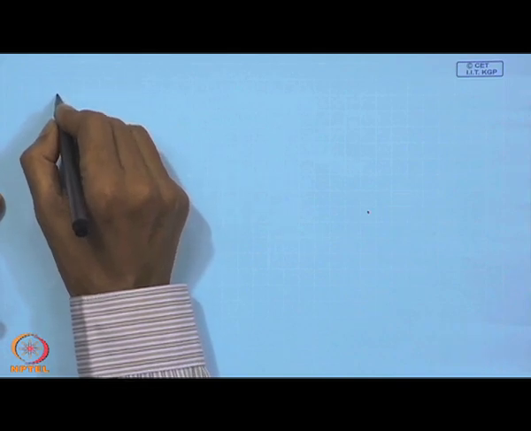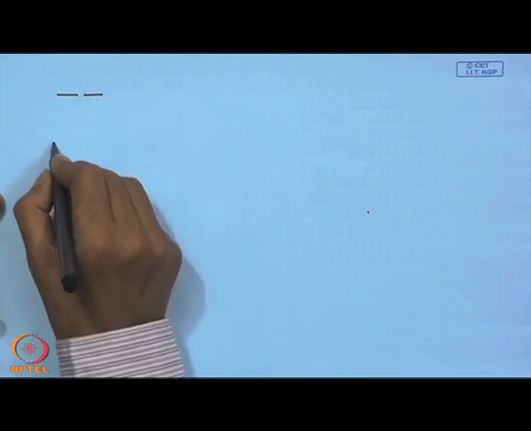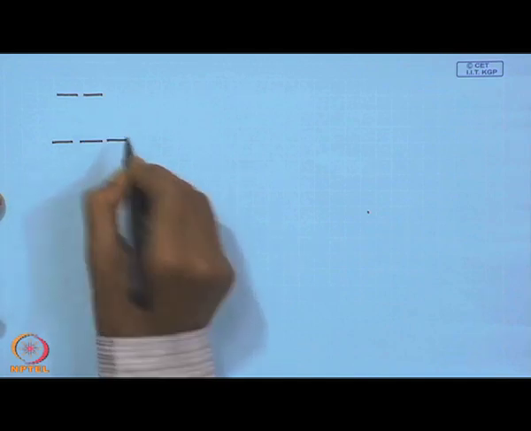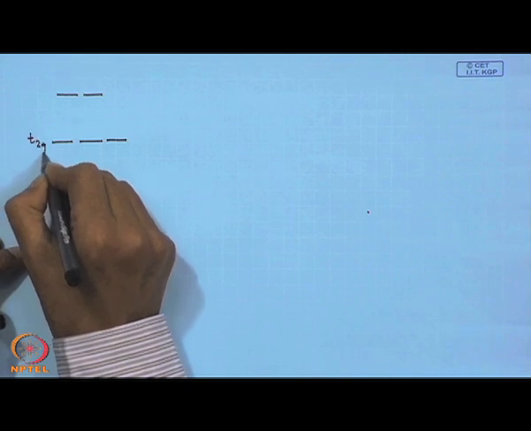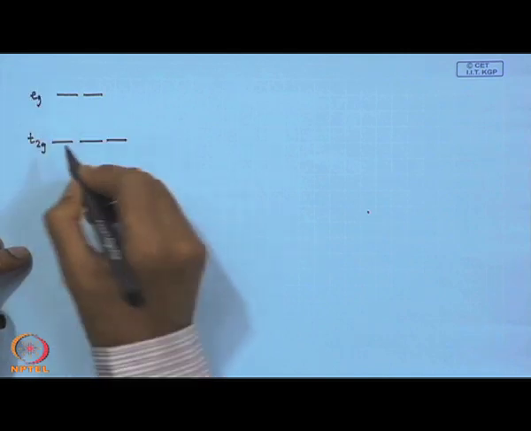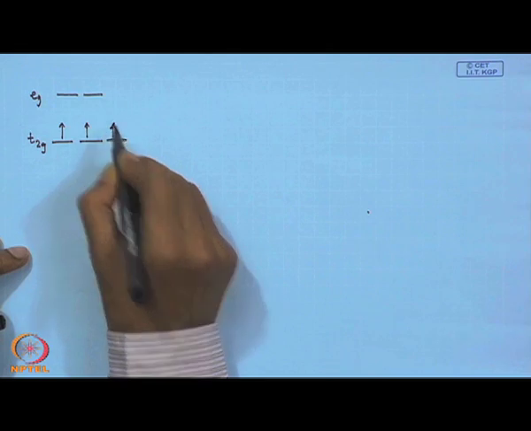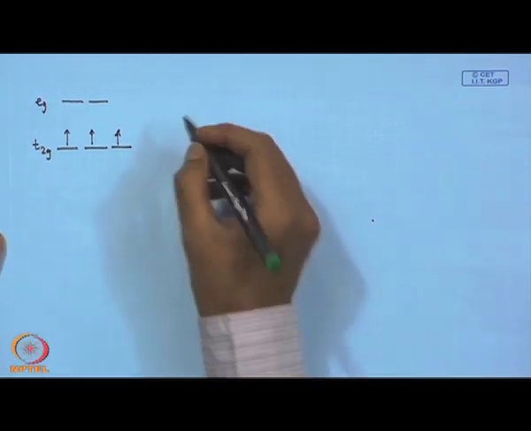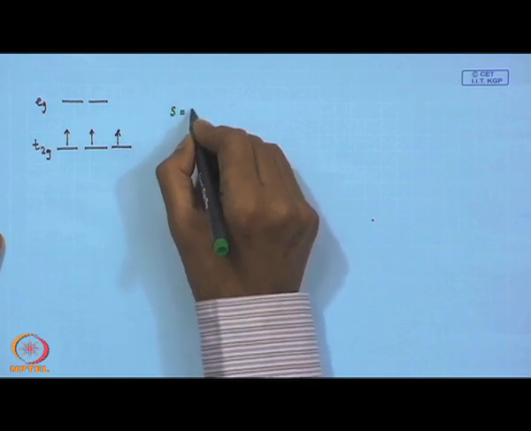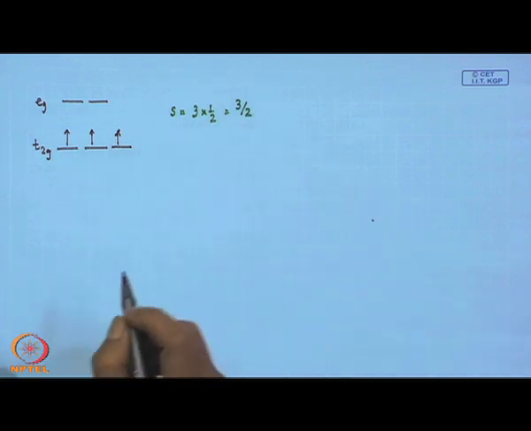If we are considering one particular system where we have the t2g and the eg level, say for a chromium system, we have 3 unpaired electrons, and these 3 unpaired electrons give rise to a total spin value S equal to 3 into half, which is 3 by 2.